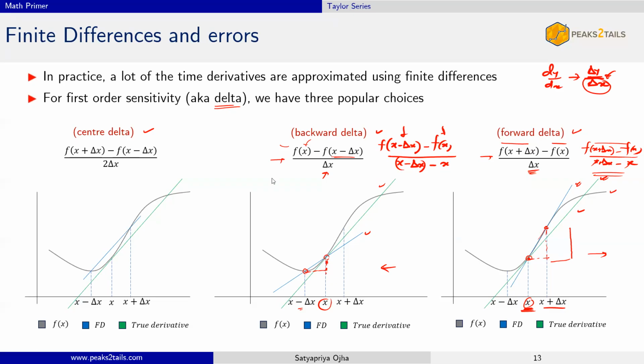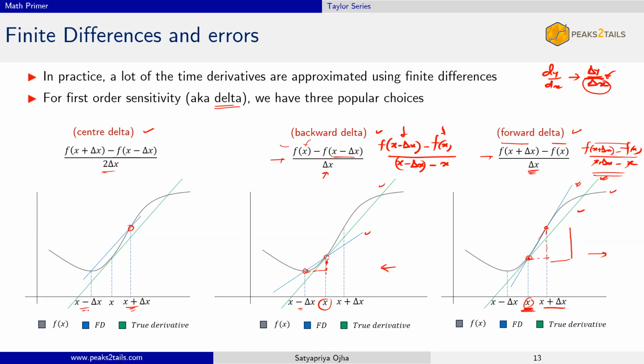And then we have something called center delta, which combines both ideas. Take a forward step and take a backward step. Take the difference divided by the total change. So you can clearly see it combines two steps. One point is here, x plus delta x, the value of the function is here.